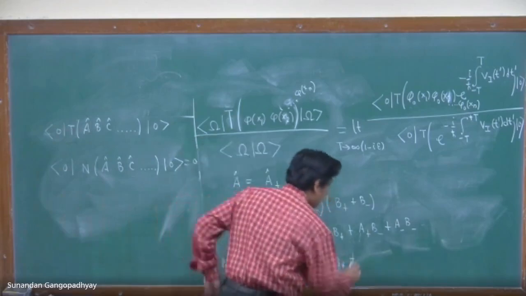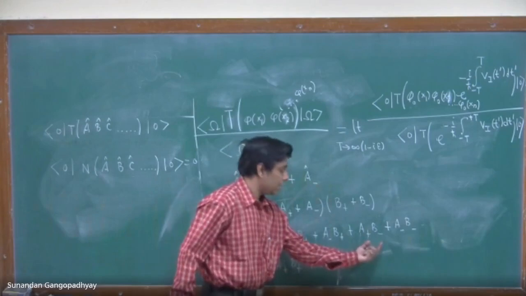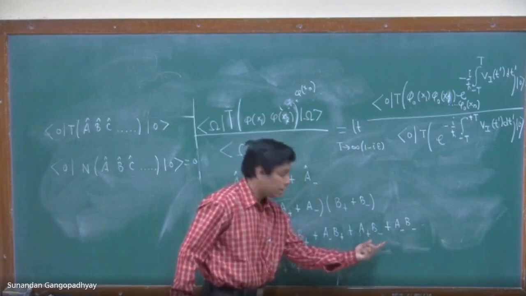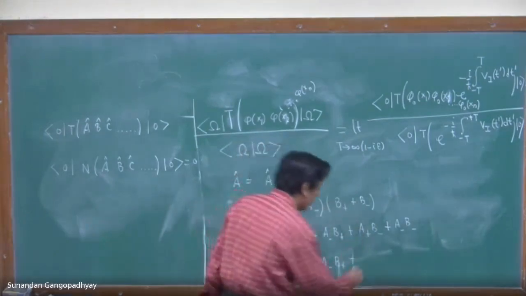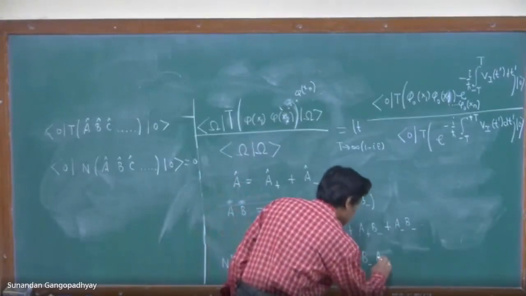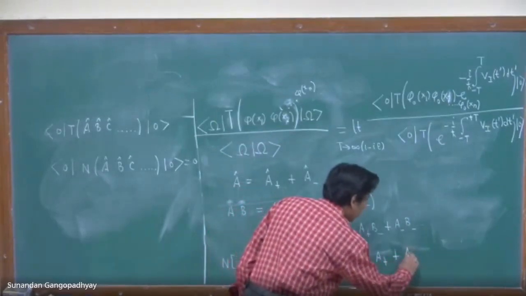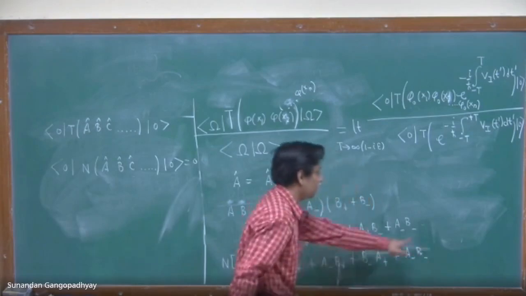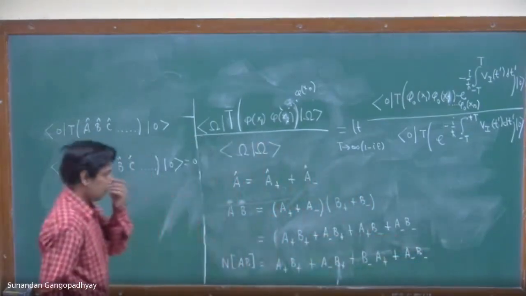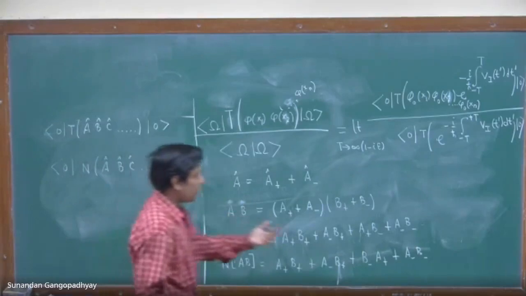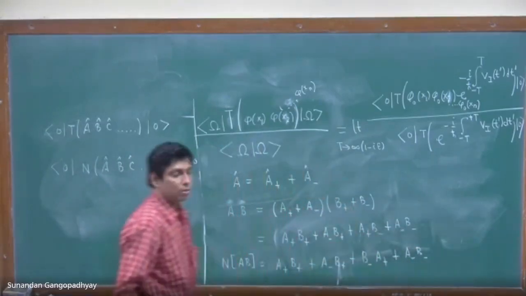The term A plus B minus is not normal ordered. Therefore, the normal order form of this will be B minus A plus. And for A minus B minus, there are two creation operators, therefore this is already normal ordered, you can write it in any form you like.